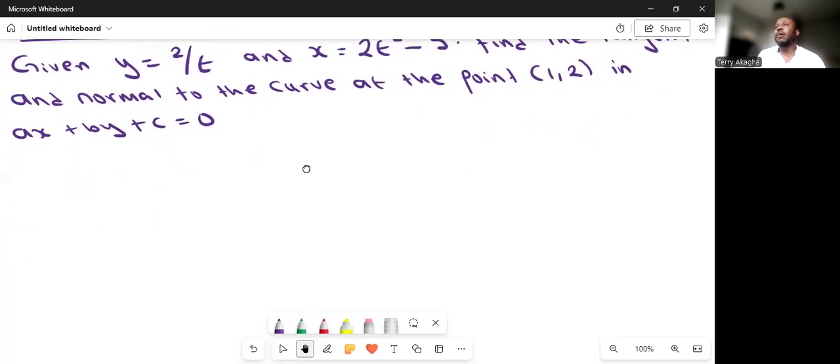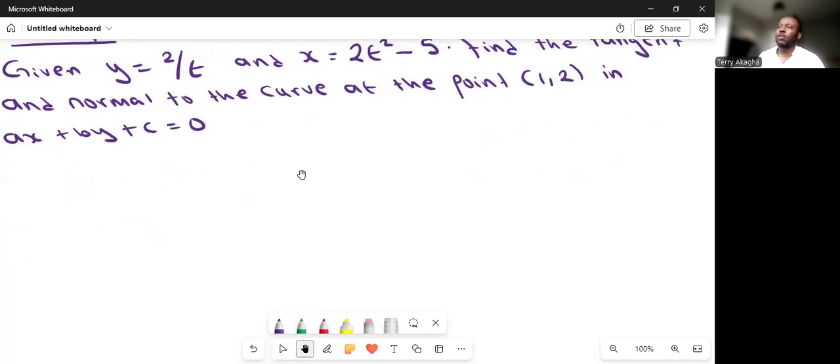So the first step, we have to do step 1. I said that you have to differentiate y with respect to t so that it gives you dy over dt. We have y is equal to 2 over t, and we have to convert this to index form before you even begin to differentiate. So it will be 2t to the power of minus 1, right?